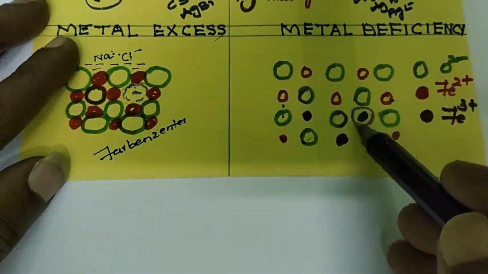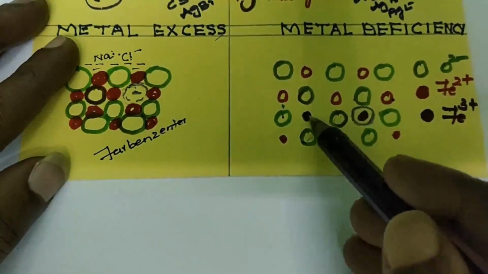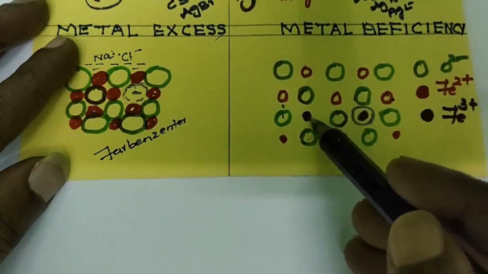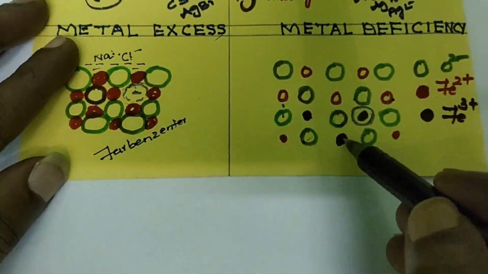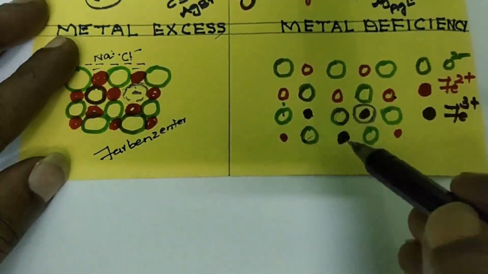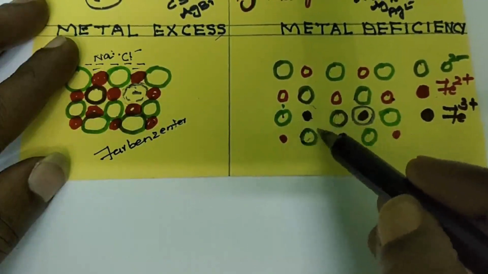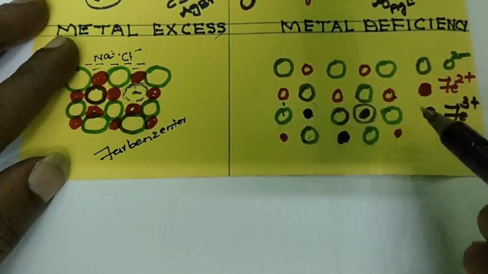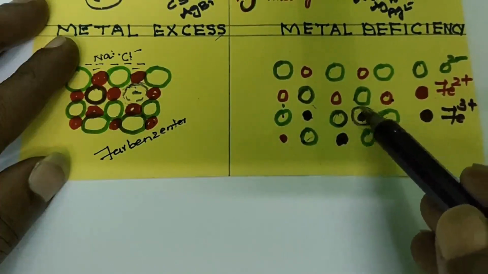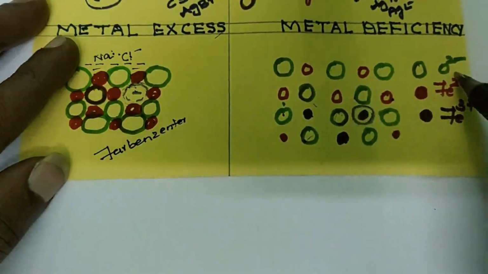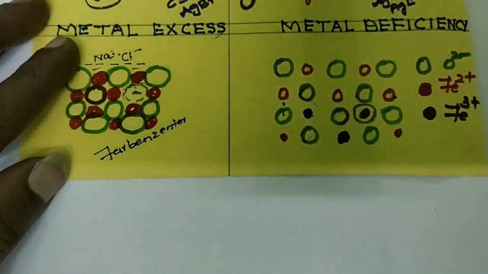To maintain the electrical neutrality, twice the number of Fe2+ is oxidized to Fe3+. Why is Fe2+ oxidized to Fe3+? In order to maintain the electrical neutrality. Here the metal ion is always less than the oxide ion. Hence this defect is known as metal deficiency defect.